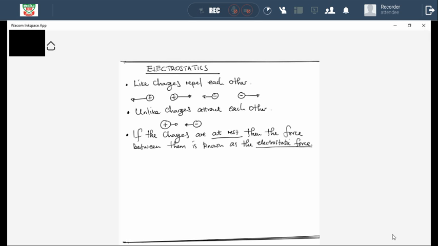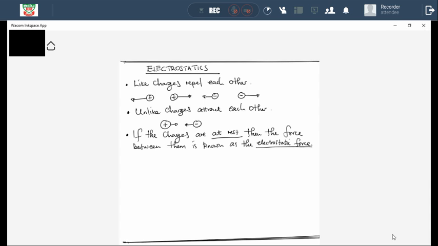So what it means is we are going to study charges which are at a point, in other words, charges which are not moving, which are resting. And the force that exists between those two charges which are at a point is known as electrostatic force. Number two, we also need to appreciate the fact that electrostatic force is a non-contact force.